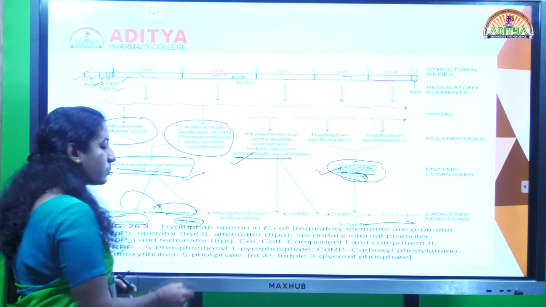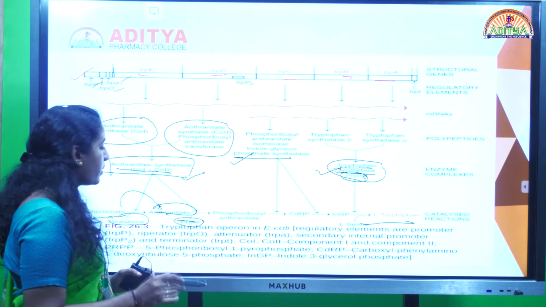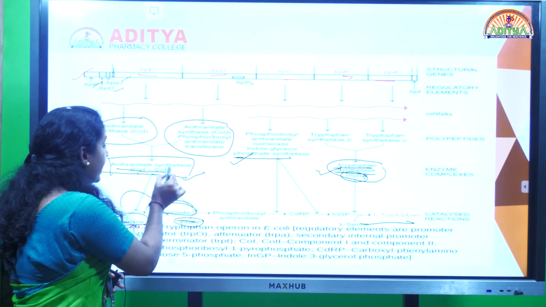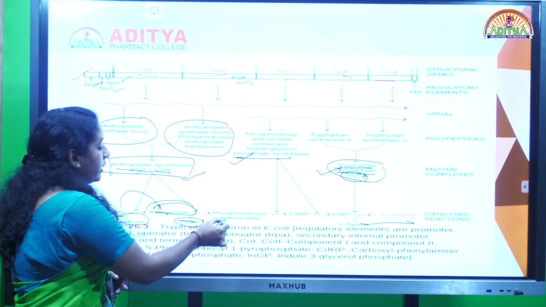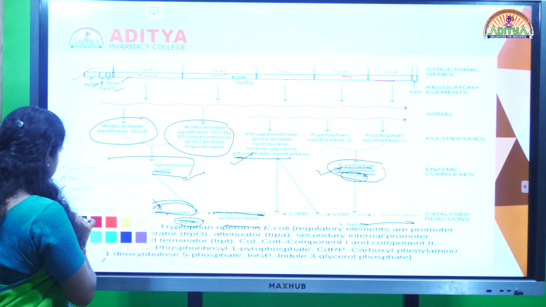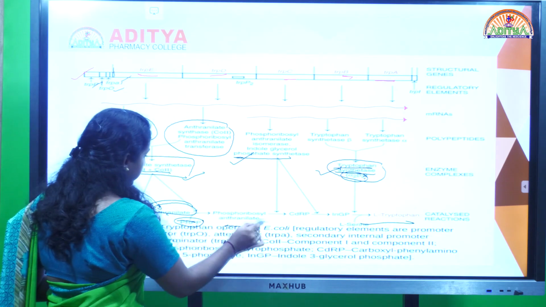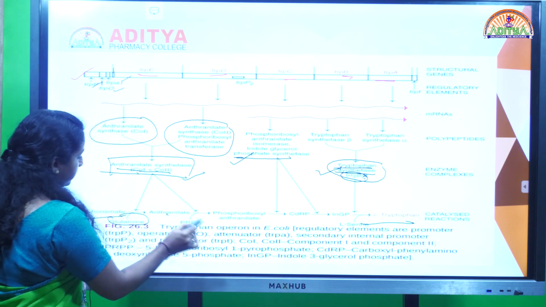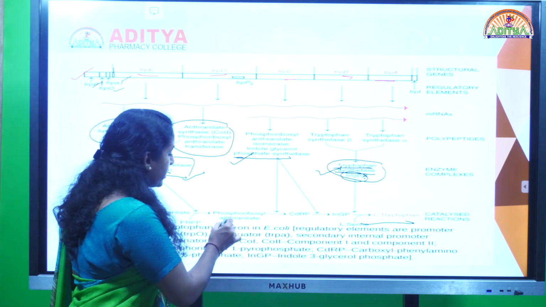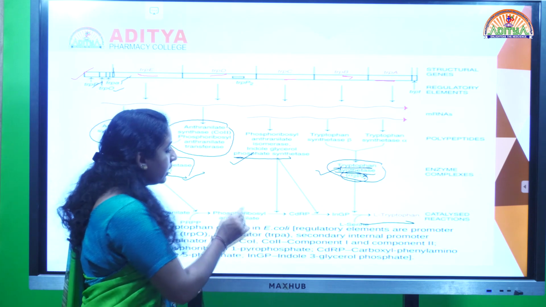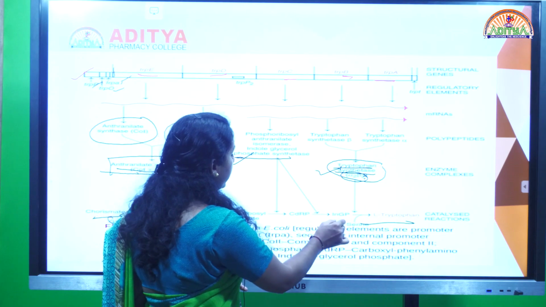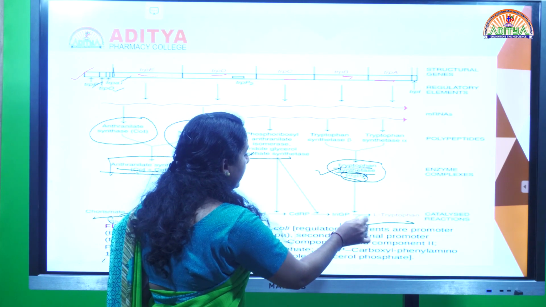In the presence of the phosphoribosyl pyrophosphate molecule, this anthranilate with the help of the enzyme will be converted into phosphoribosyl anthranilate. And next, this phosphoribosyl anthranilate will be converted into CDRP, next into InGP, and next one is L-tryptophan.